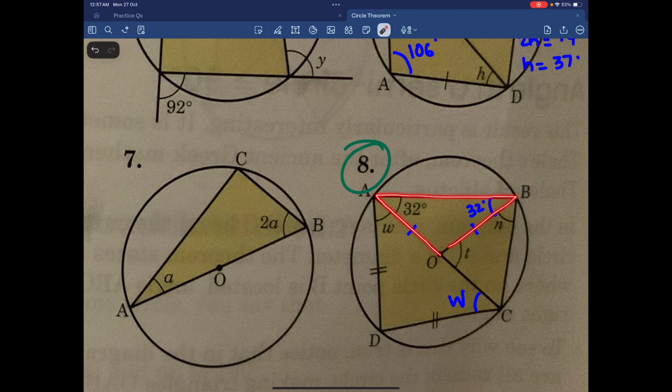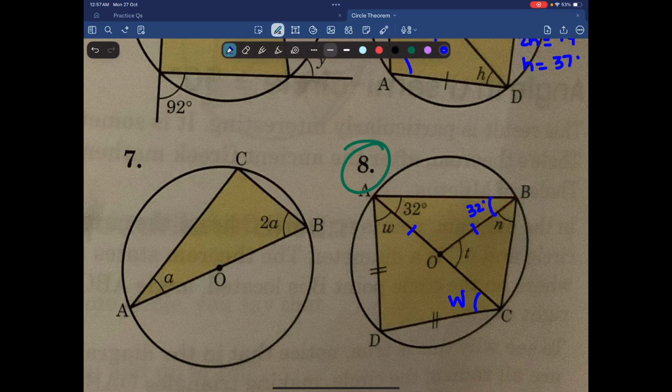we have two angles, we can find this third one, right? So 32 plus 32 plus this unknown angle, let's call it theta, should be equal to 180 degrees. So theta is going to be 180 minus 64 degrees. So the value of theta is 116 degrees.